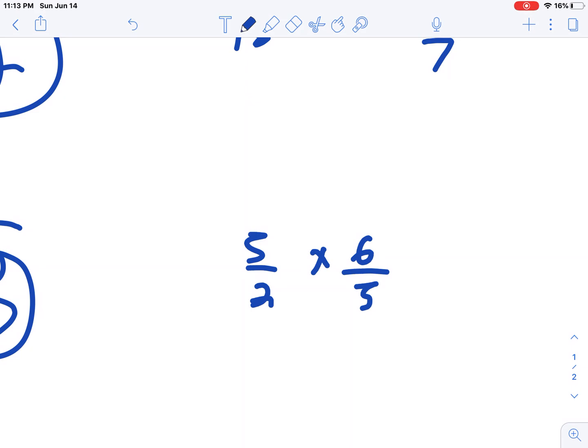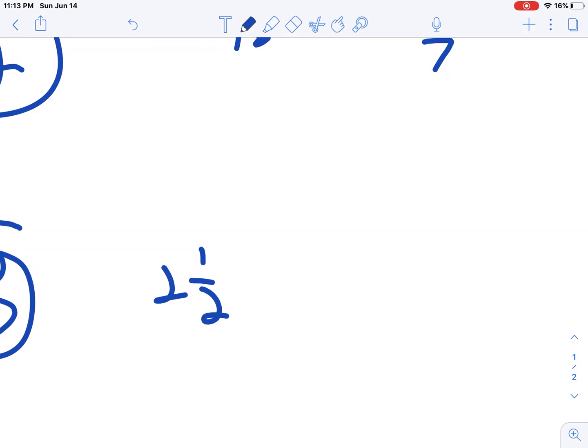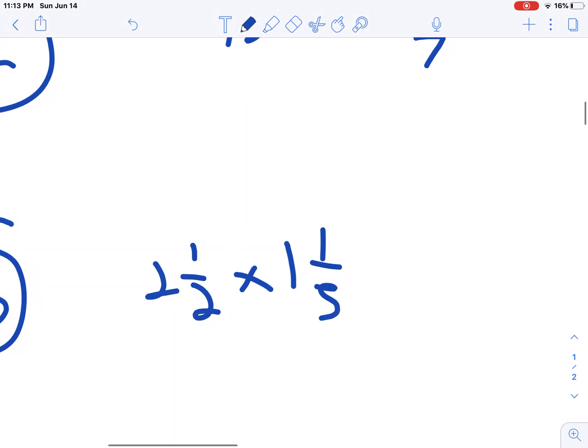Well, I'm going crazy. Okay. For multiplication, it is 2 and 1/2 times 1 and 1/5. Sorry.